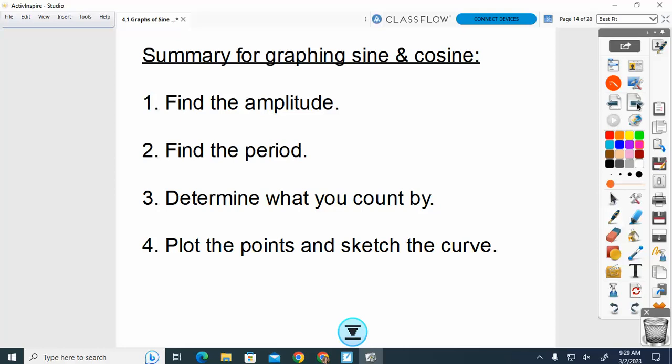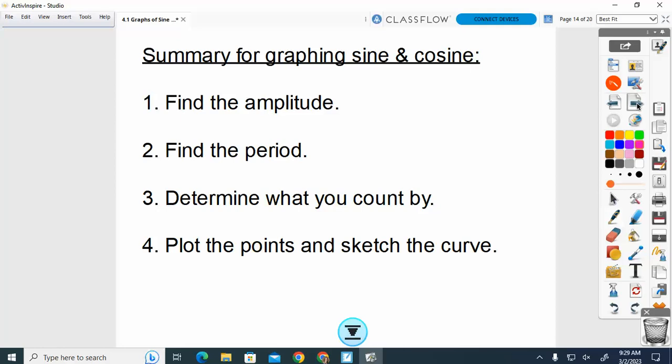The steps we're going to go through. When we graph these trig functions, transformations from algebra work, but it can sometimes get complicated. So we're going to use those same ideas, but we're going to use trig terms to talk about it. First thing we'll do is always list the amplitude. Then we'll list the period. Third step is to decide what to count by.